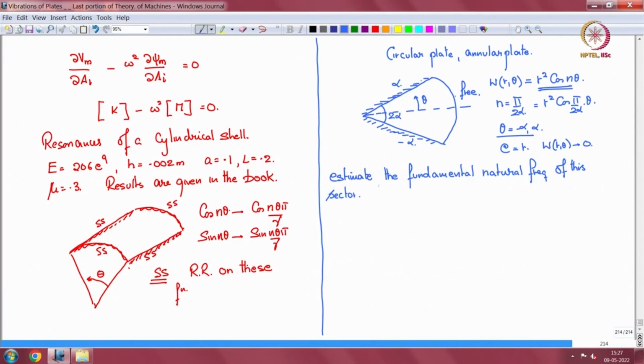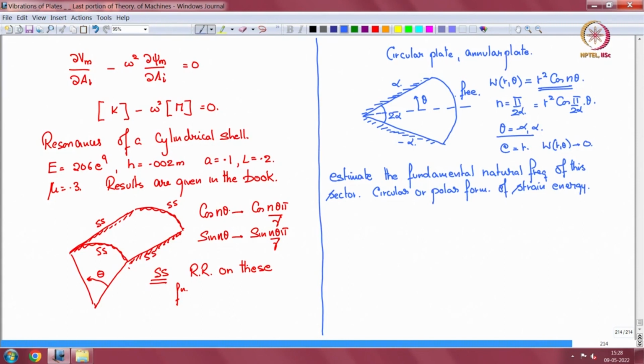You should use the circular or polar form of the strain energy. I have given it through a paper, or it is computable from the general form, that also I have given. That is how you can estimate the natural frequency of a sector.